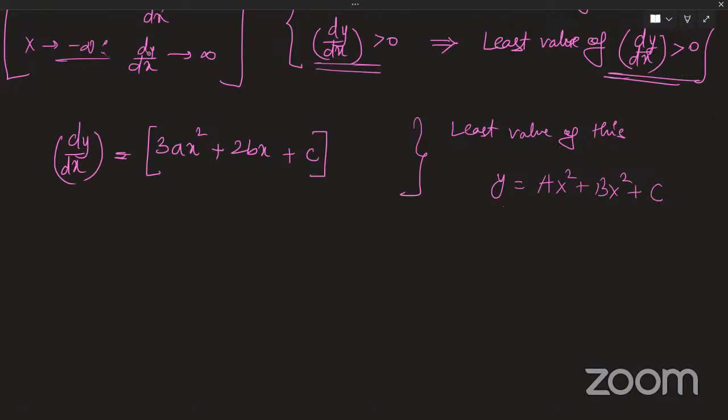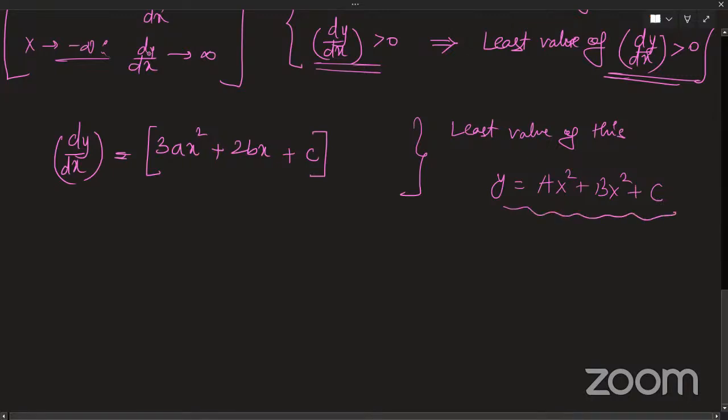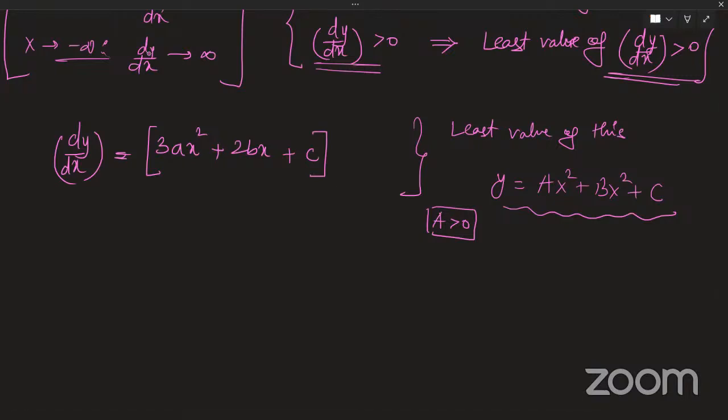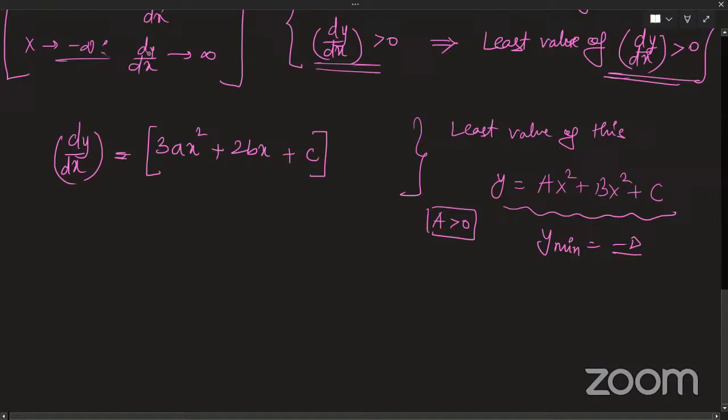You have a quadratic equation, something like this, and obviously with a greater than 0. So tell me, what is the least value you get? It is minus D by 4a.